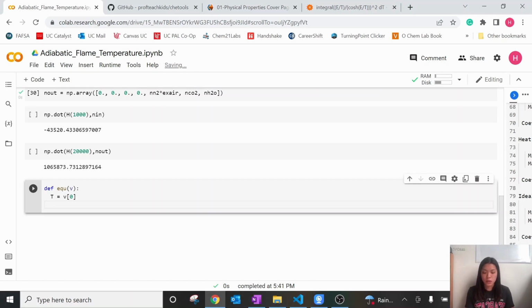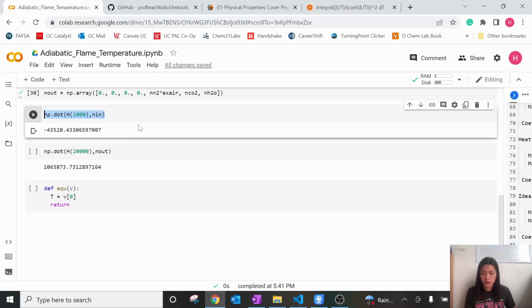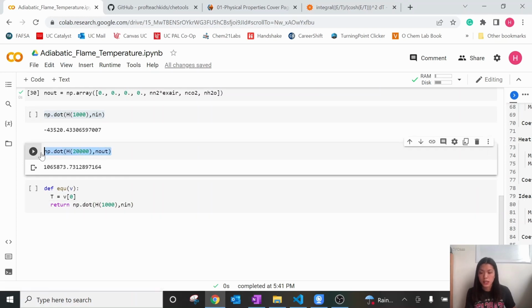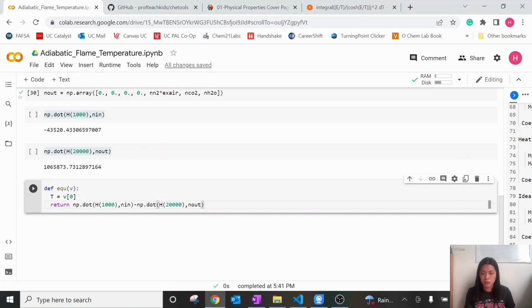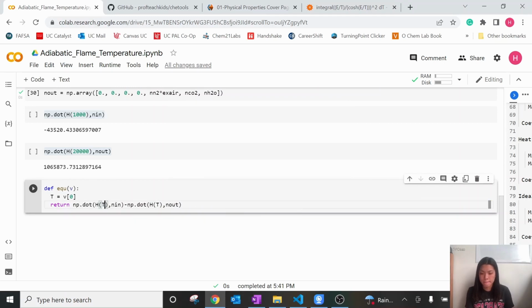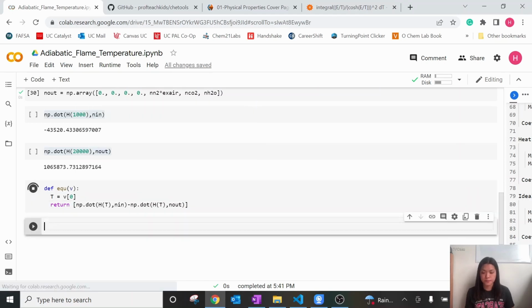And so we want it to return the enthalpy going in minus the enthalpy going out. And again, simultaneous equations, simultaneous variables, so it will be an array, so we have to put brackets.